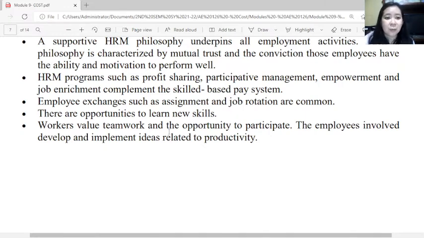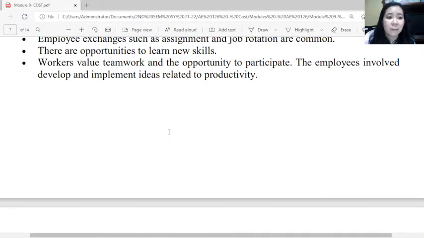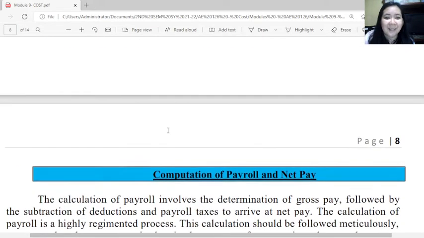There are opportunities also to learn new skills like attending seminars and workshops. Workers should value teamwork and the opportunity to participate so they can relate and learn new things. The employees involved develop and implement ideas related to productivity.